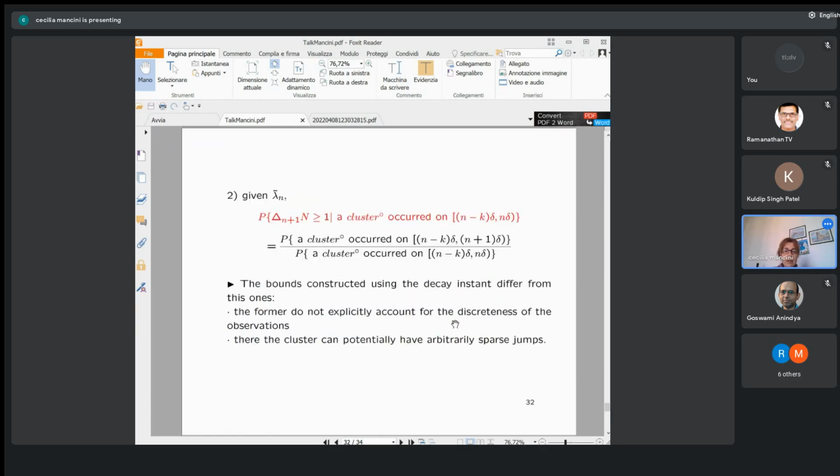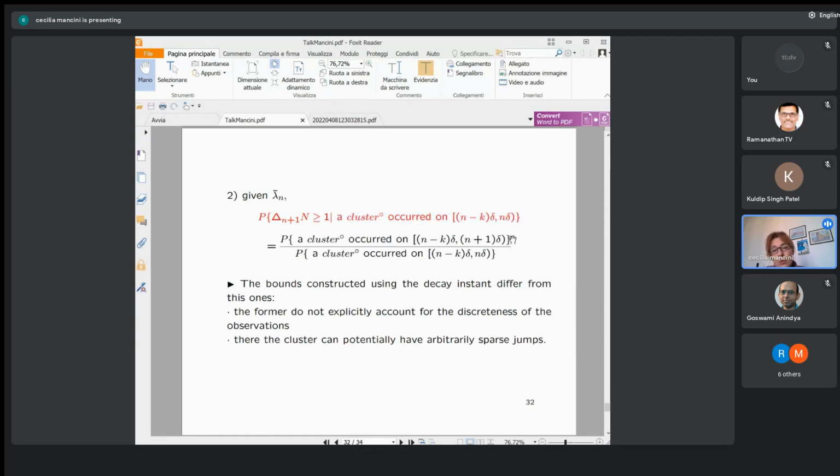So finally, given lambda tilde n, we could compute the probability of at least one jump in the interval n delta to n plus 1 delta, given that a cluster of consecutive jumps occurred up to n delta.